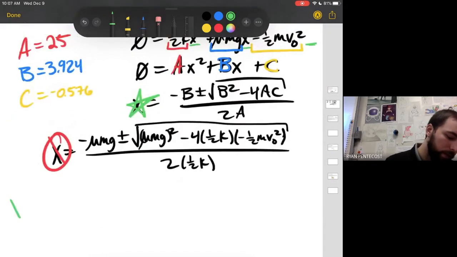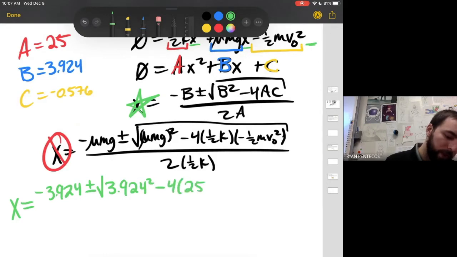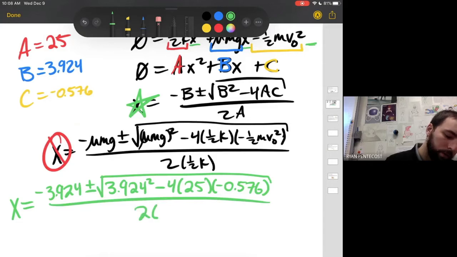So we have x equals negative 3.924 plus or minus the square root of 3.924 squared minus 4 times 25 times negative 0.576, all over 2 times 25.